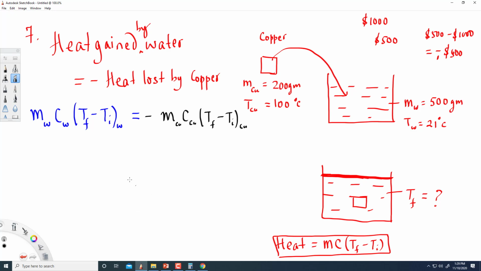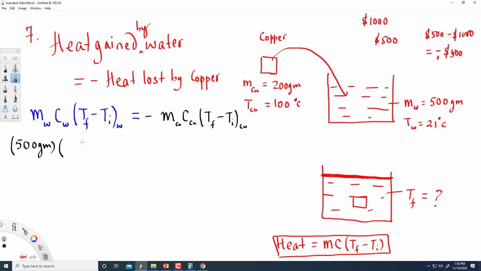So now everything is plugging in the numbers and doing the math. So let's plug the numbers in. Mass of water, 500 gram. Specific heat capacity of water is given.